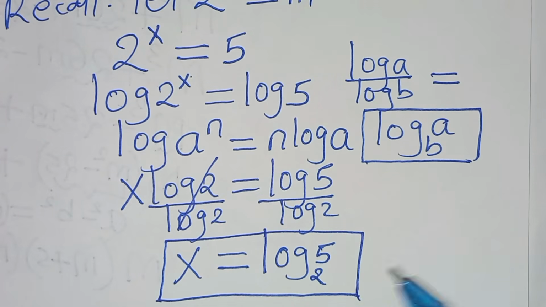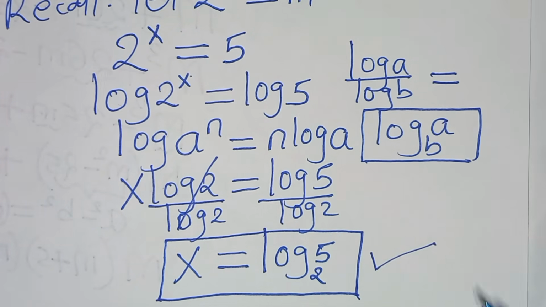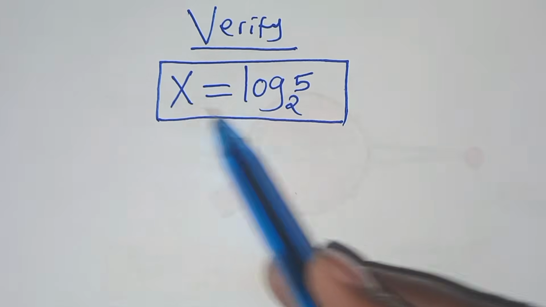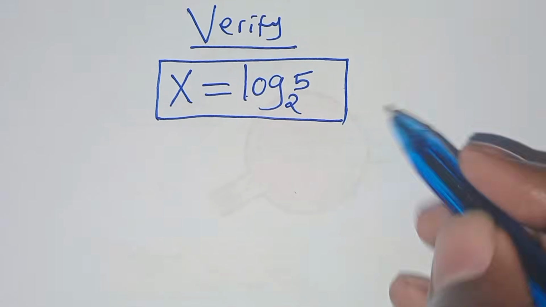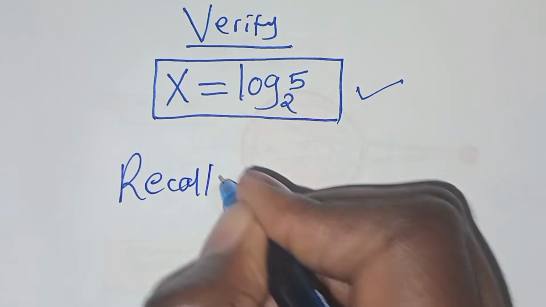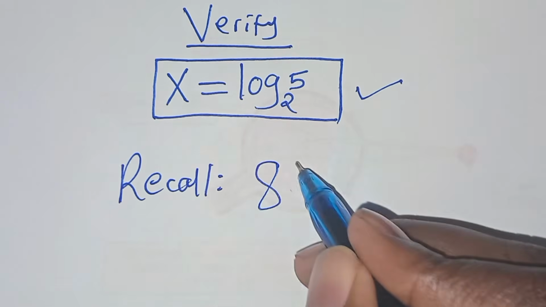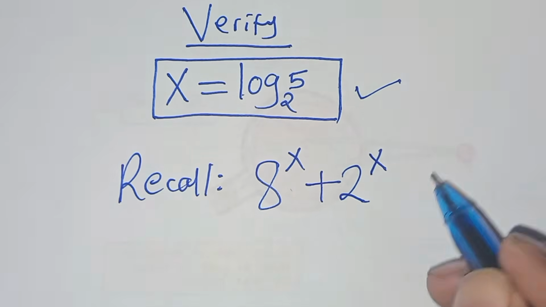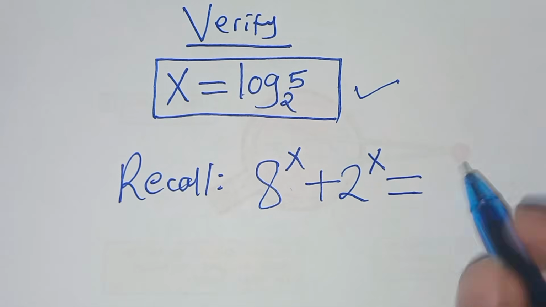So let's verify that this value of x, which is log 5 to base 2, satisfies the equation. Now if you recall, we ended at 8 to the power x plus 2 to the power x is equal to 130.